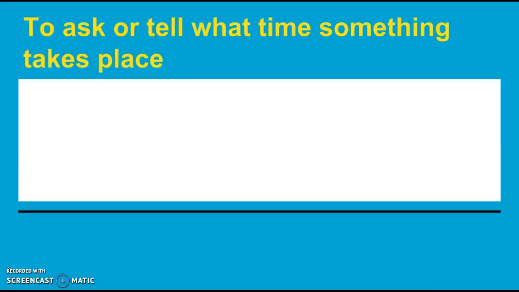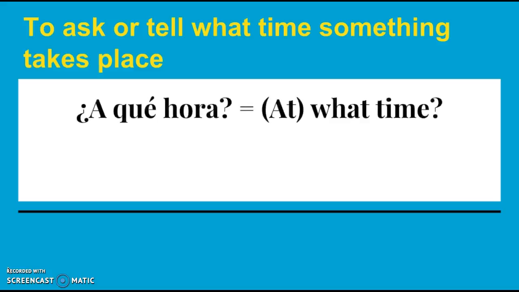Okay, if you want to ask or tell what time something takes place, like if you're talking about a specific event or a class or something like that, the way you ask, you would say a qué hora. So for example, if I want to ask what time is the party, then I would say a qué hora es la fiesta. Or if I wanted to say what time is biology class or at what time is the class, a qué hora es la clase de biología.